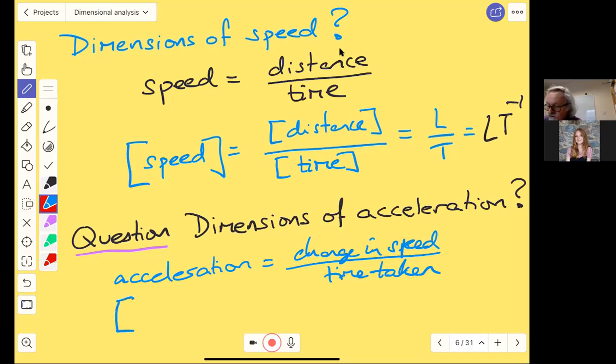So the dimensions of acceleration, well, a change in speed is the same type of quantity as a speed. So its dimensions are LT to the minus 1. Time has dimensions of T. So this is LT to the minus 1 divided by T. It's LT to the minus 2. So that's exactly right. Okay.